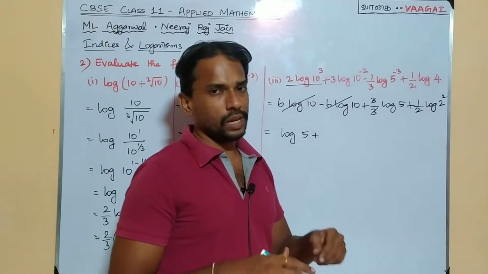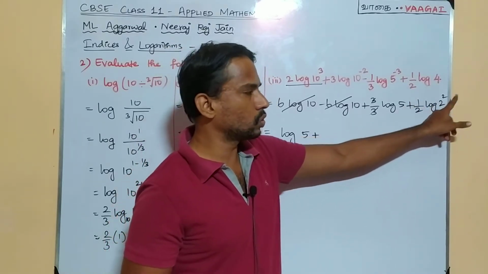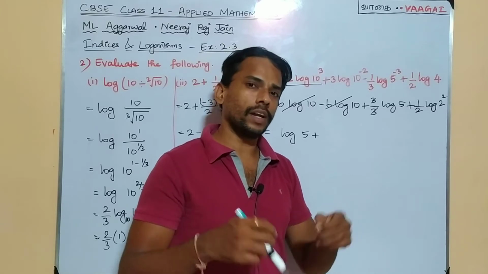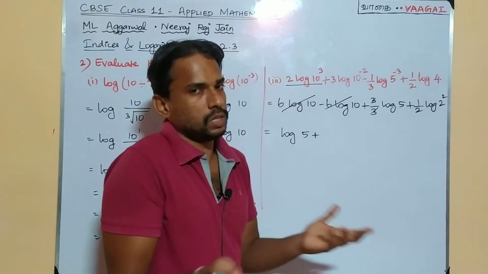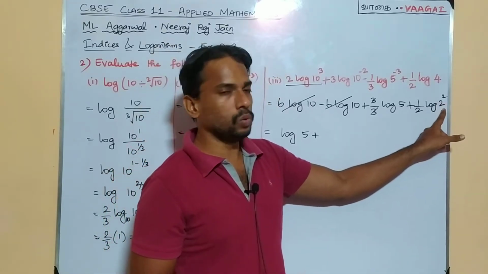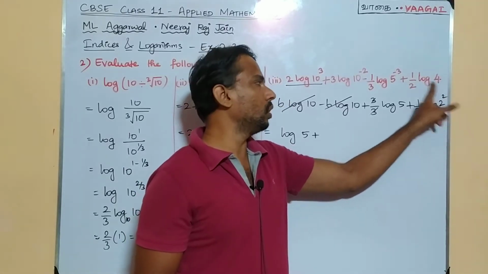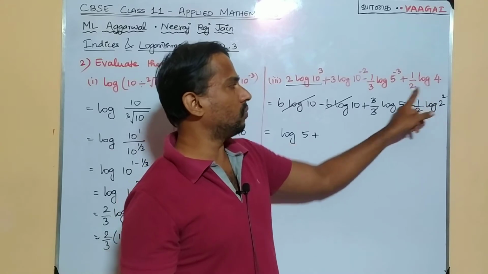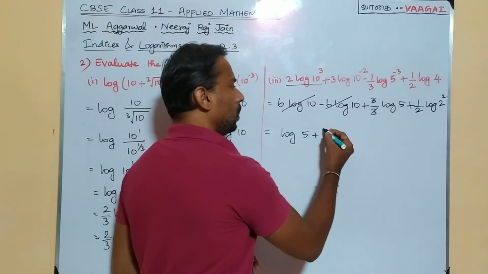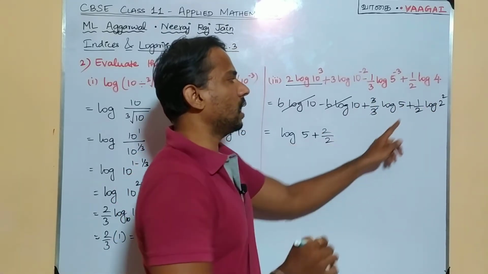The reason why I wrote this 4 as 2 square is that I will again use the power rule. That's the simple reason. Now I will use the power rule once again so that I can bring this power 2 to the front. It will become plus 2 by 2 because we already have a 1 here.